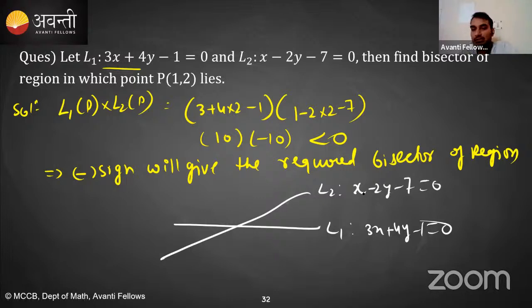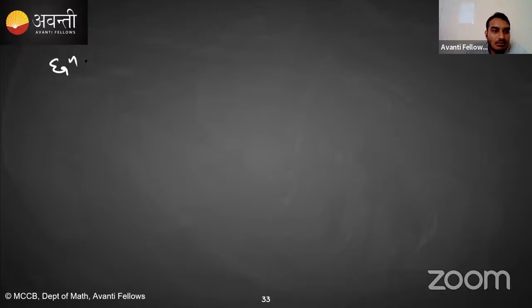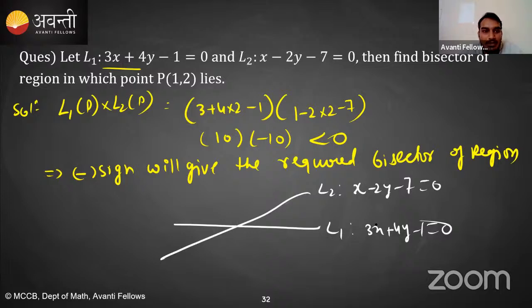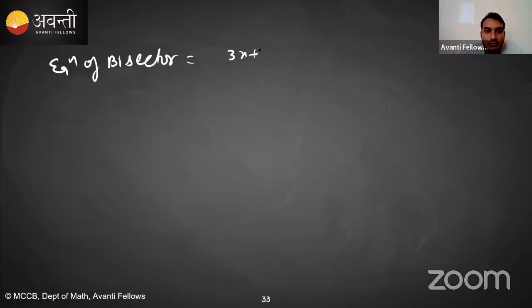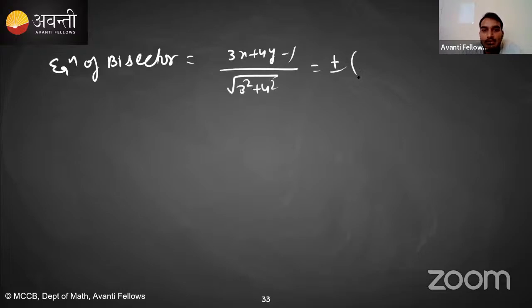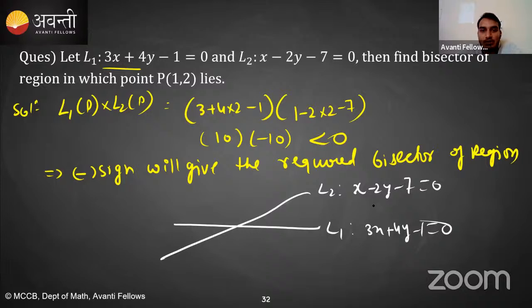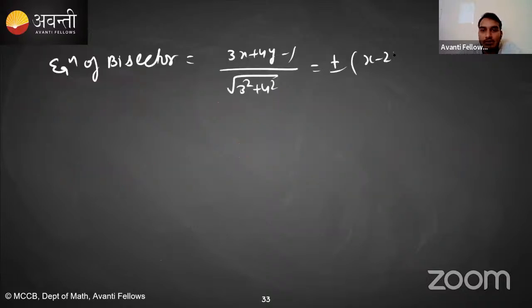What is the equation of the bisector? First line: (3x plus 4y minus 1) upon under root of 3 square plus 4 square is equal to plus minus the second line: (x minus 2y minus 7) upon under root of 1 square plus minus 2 square. Clear?